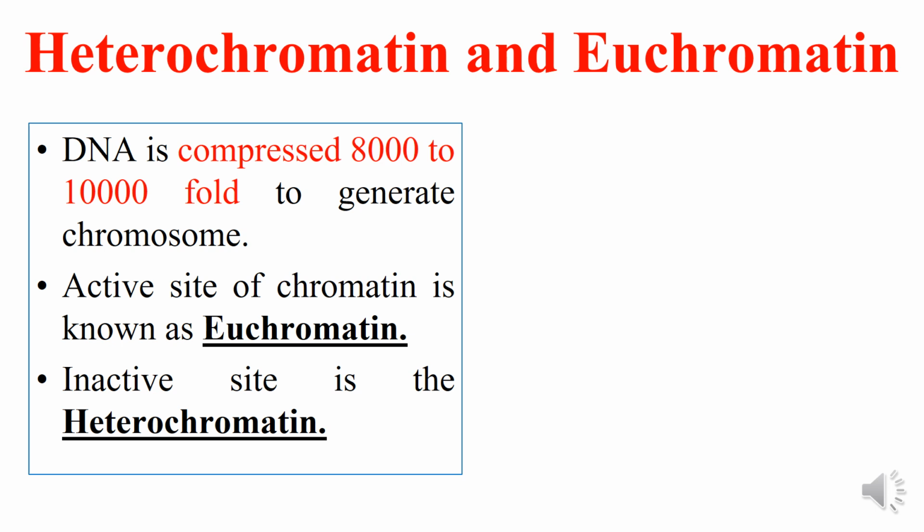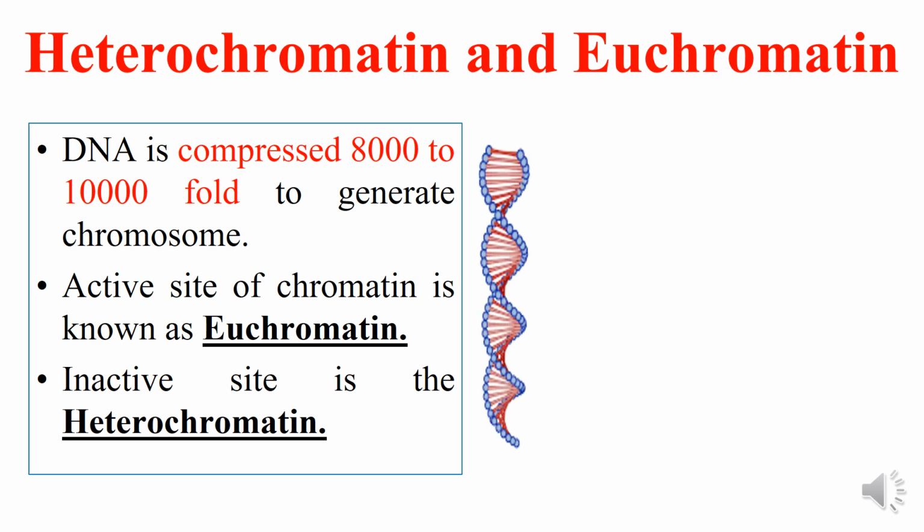It is deeply stained and localized in the nucleus. As it prepares for transcription, it undergoes changes, and to make it accessible for transcription machinery, it is converted into euchromatin. So this is an interconvertible region.